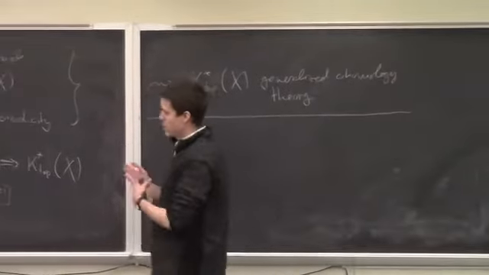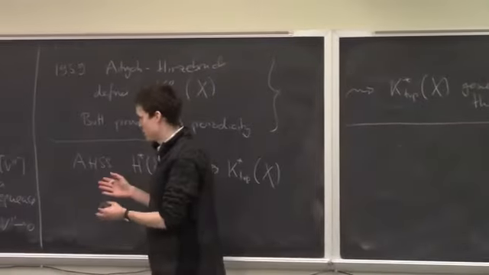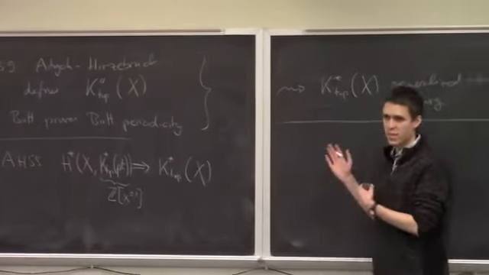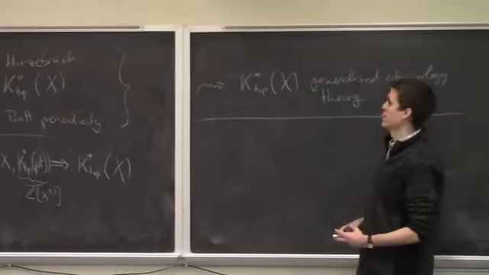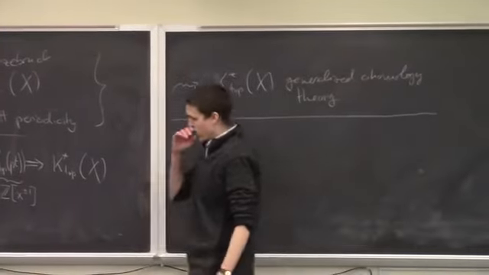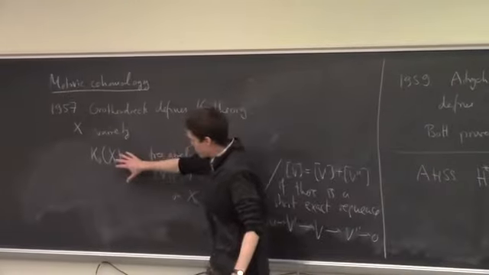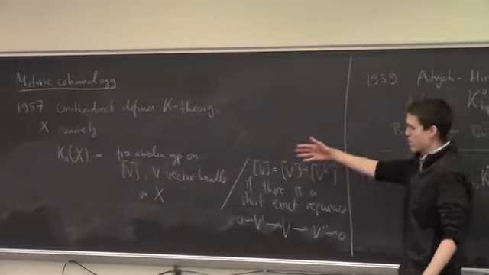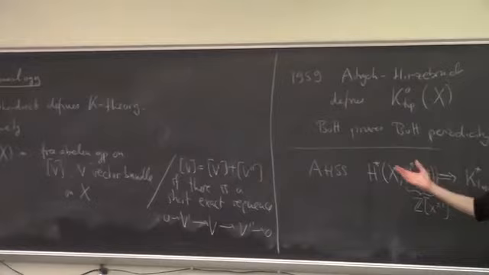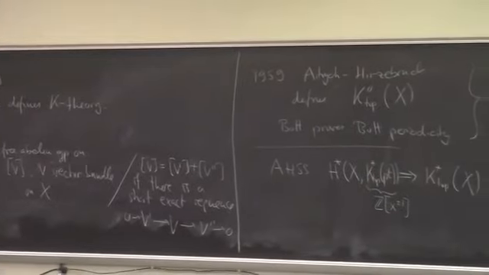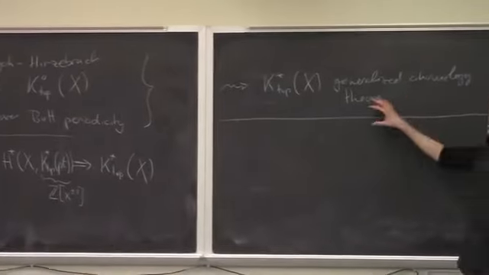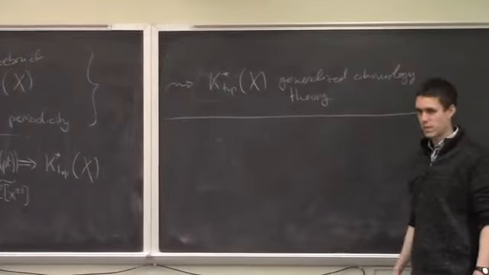So at this time, people were hoping to reproduce this kind of success of K theory in algebraic geometry. People were looking for ways to define higher K theory groups, K sub n for other values of n, that would be something like a generalized cohomology theory for algebraic varieties.